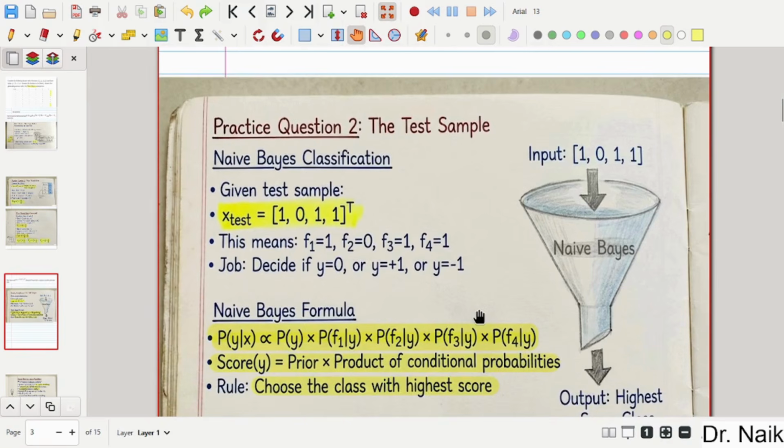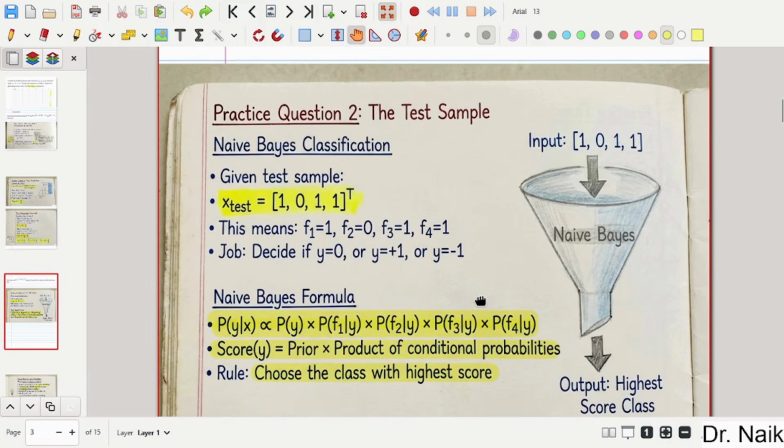So for naive-Bayes classification, the input given for our test point is 1 0 1 1, and this means the feature F1 is 1, F2 is 0, F3 is 1, F4 is 1, and the task is to decide whether this test point belongs to class 0 or class +1 or class -1. That means y is equal to 0 or y is equal to +1 or y is equal to -1 for this test point.